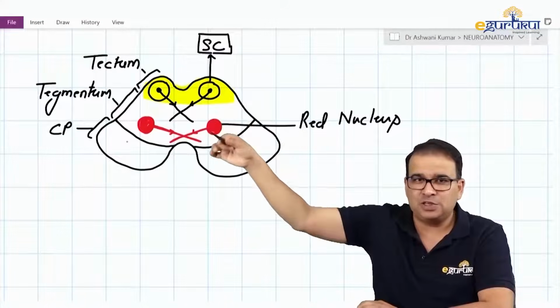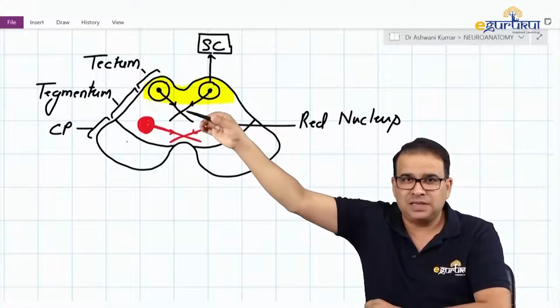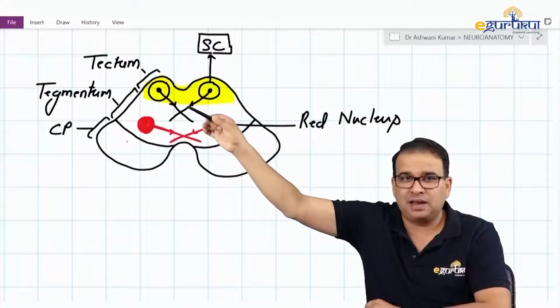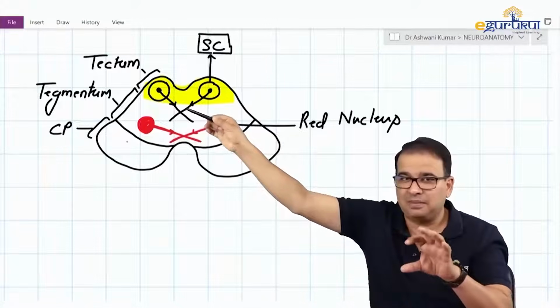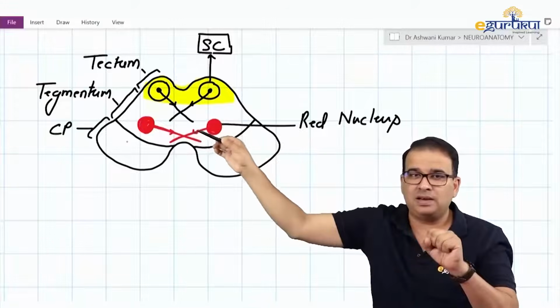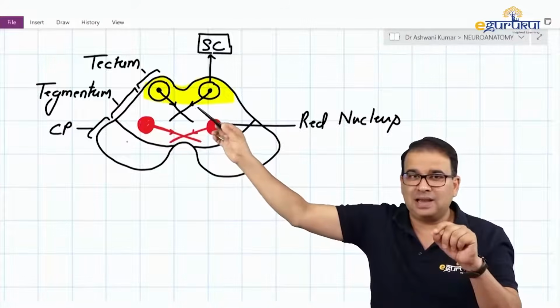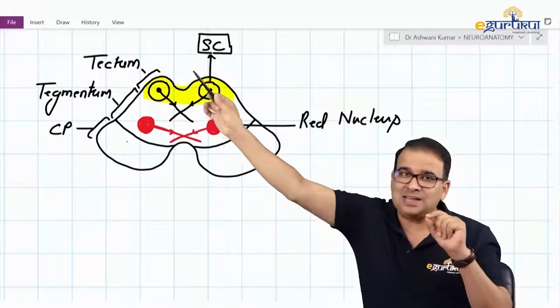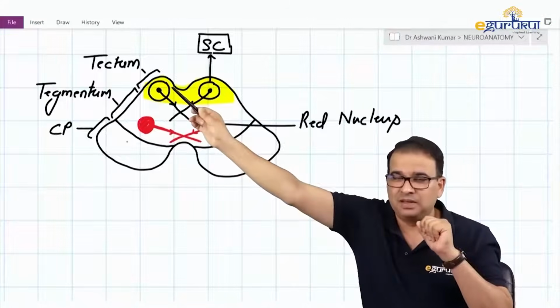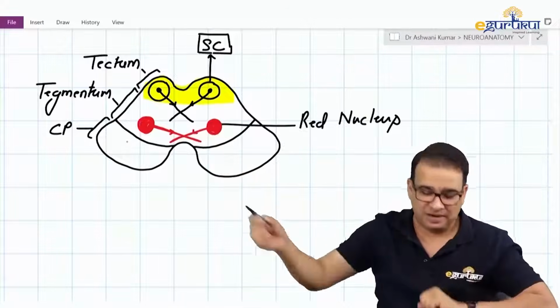And that's why these decussations are also given names. This decussation here is called the dorsal tegmental decussation because it takes place in the tegmentum, and this is the ventral tegmental decussation. Please don't confuse, guys. The tract is the tectospinal tract because it starts from the tectum, but the decussation is in the tegmentum.